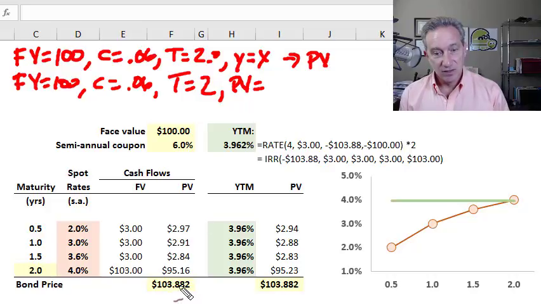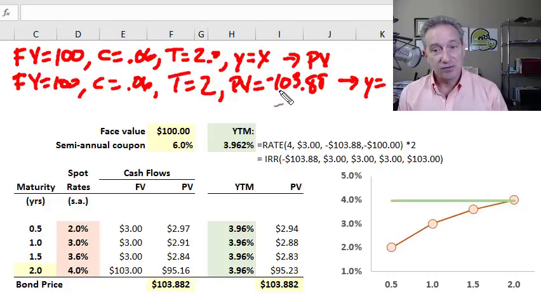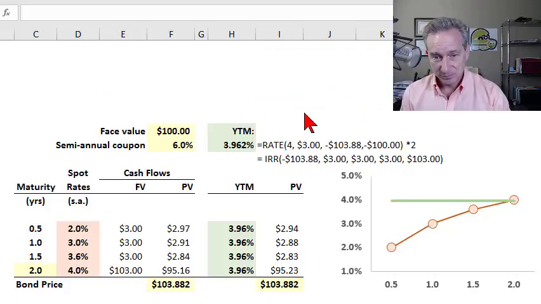In this case, my present value or theoretical bond price is 103.88. I'd put that in as a negative to represent a cash outflow, negative 103.88. And so that I have those 4 inputs, and I can then solve for the yield, which is 3.962. So in a shallow sense, I'm just providing the present value as an input and solving for the yield.